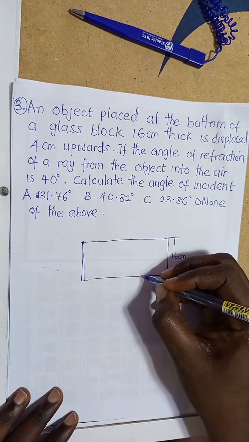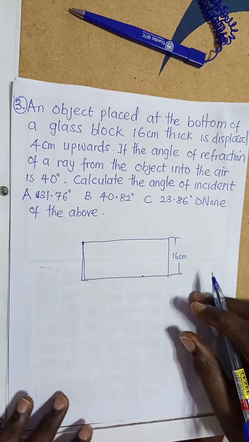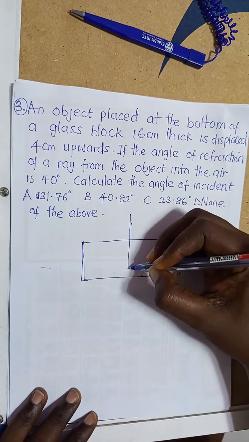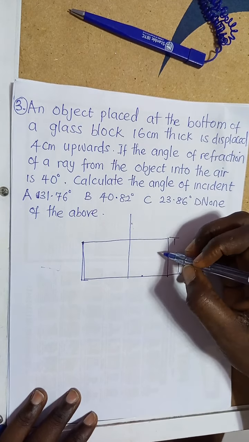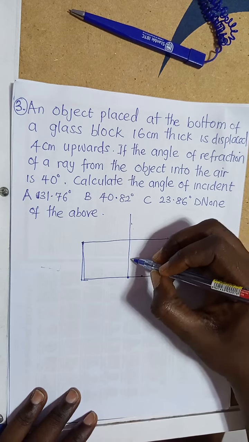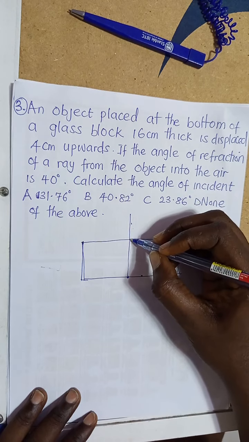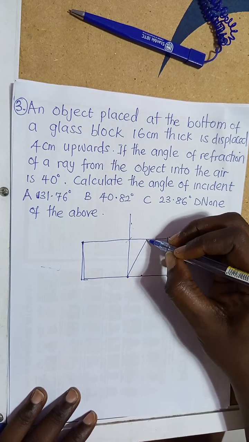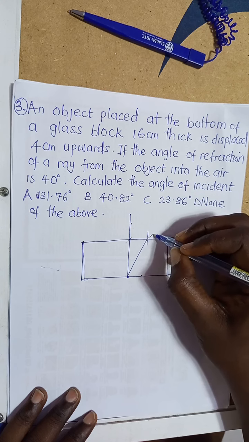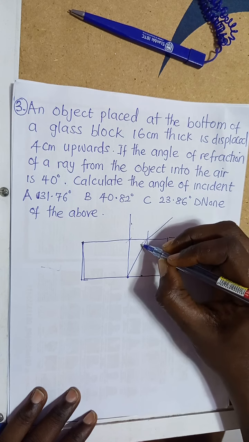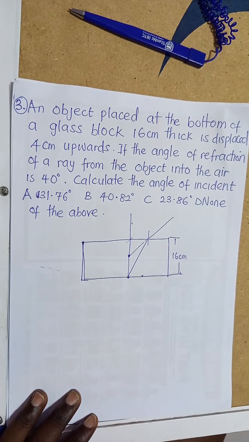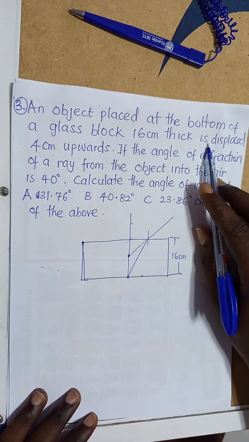Let's say this is the normal, and this is the object. But instead of that, it will now appear here. You understand?